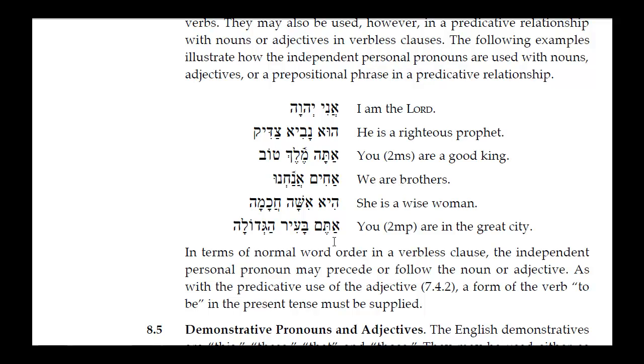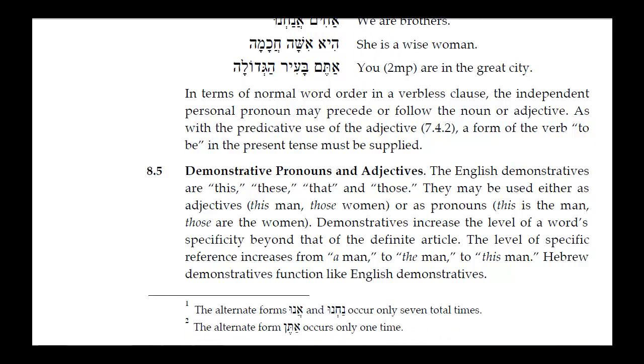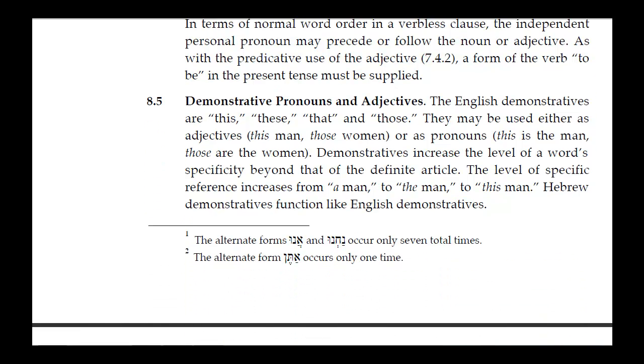It never has a definite article. Usually the personal pronoun comes before, but it can come afterwards also. And a lot of times with verbs, it'll come with a verb to show emphasis. I myself will write. So it's showing emphasis a lot of times when it's with a finite verb.